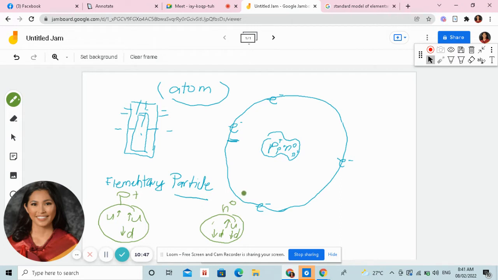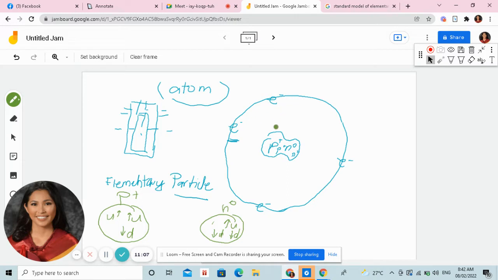That's why when we go back to lesson 1, for with all these atomic particles, subatomic particles, the lightest and the smallest is what?